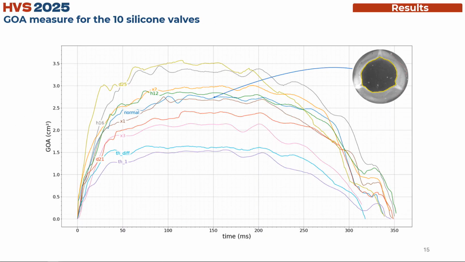These visual observations are well represented here in the plot, where you can see the thicker leaflet valves and the X3 valve at the lowest GOA, and as expected, the valve with a 25 millimeter diameter had a better GOA, and more surprisingly, the valve with the highest leaflets also has a good GOA.